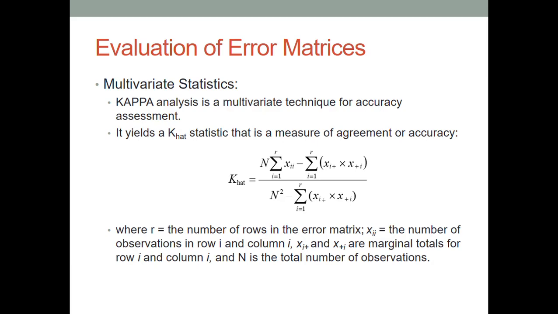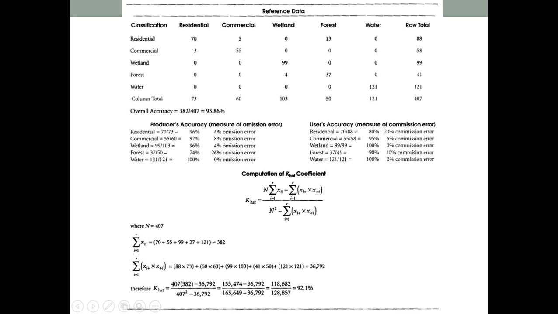And of course there are multivariate statistics. There is kappa. Kappa analysis is a multivariate technique for accuracy assessment, and it yields a kappa statistic. This measures agreement of all the accuracy, so you can see this is how the operation looks. Basically, after we produce the overall accuracy and producer accuracy, then we calculate the kappa coefficient, which uses a multivariate algorithm to calculate the whole accuracy of every pixel, every class.